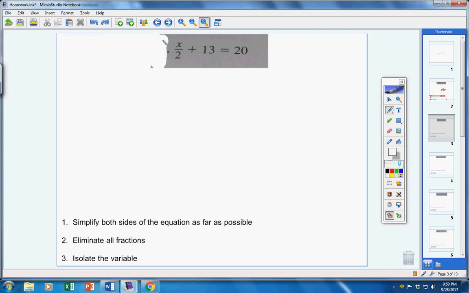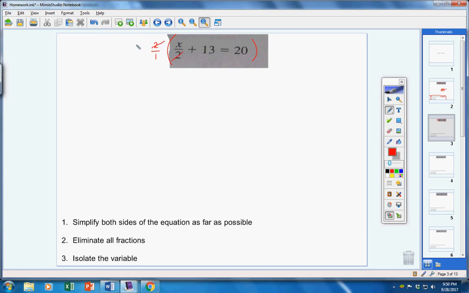X over 2. So, what I've taught you guys to do is to multiply every term by whatever the denominator is. My denominator is 2, so we're going to multiply the entire equation by 2. Alright? So, 2 over 1 times x over 2.